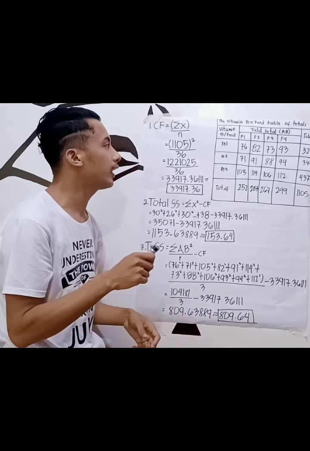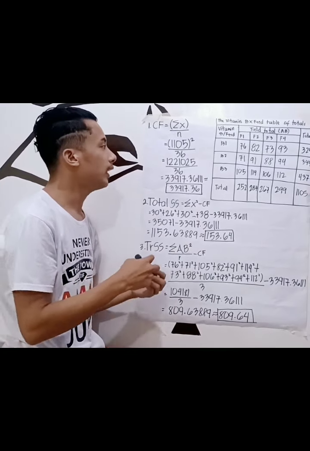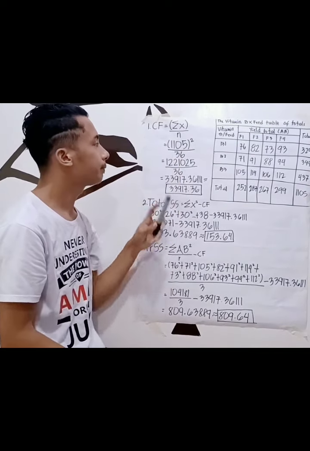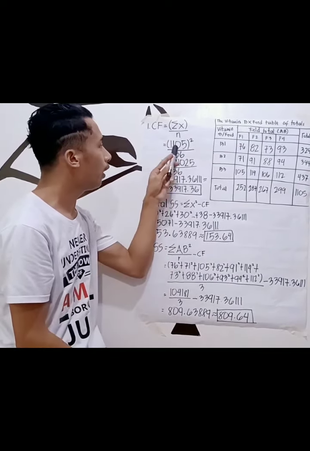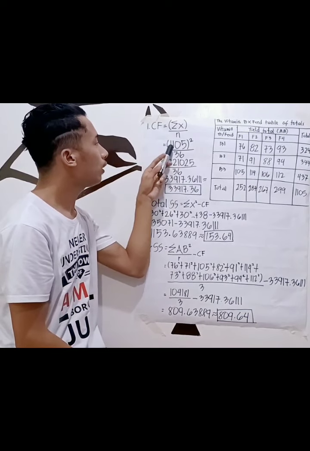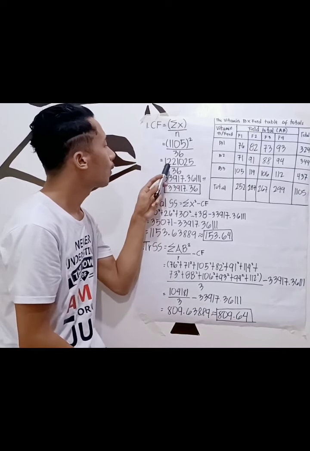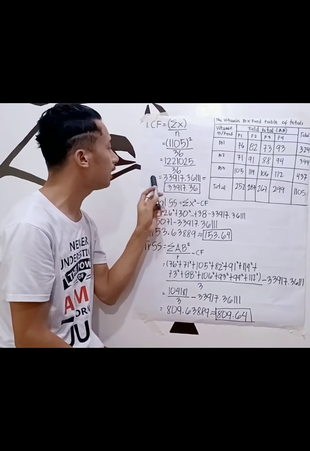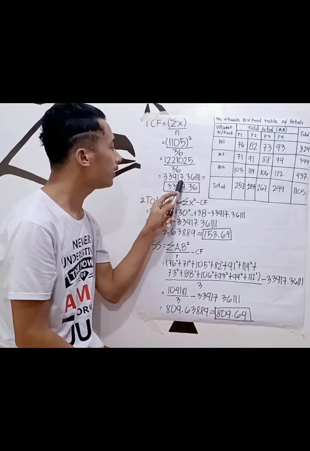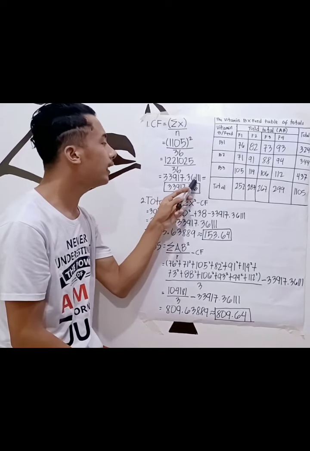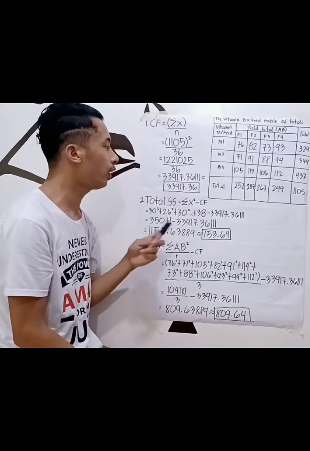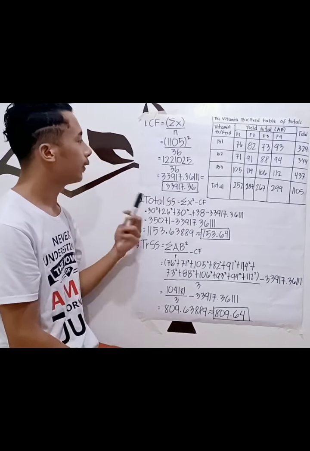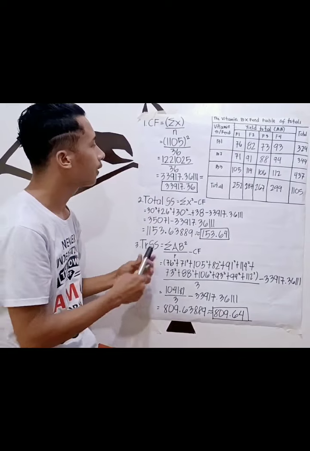The 36 is where we got n. 1,105 squared is 1,221,025, divided by 36 equals 33,917.36111, or in short, 33,917.36.